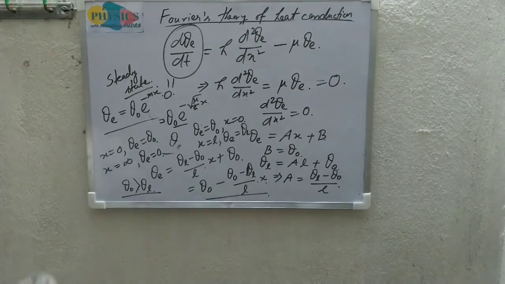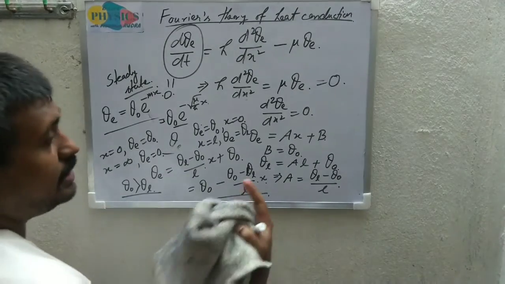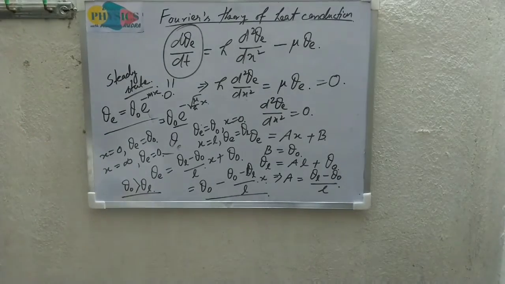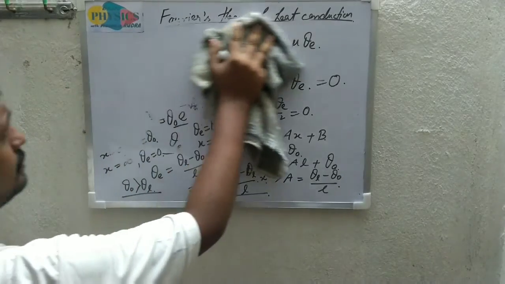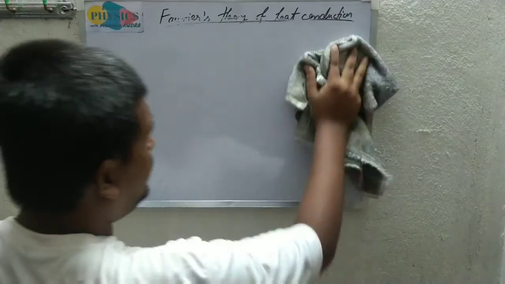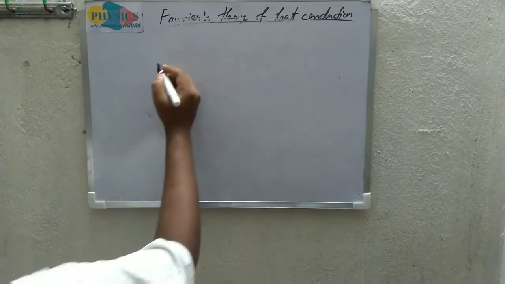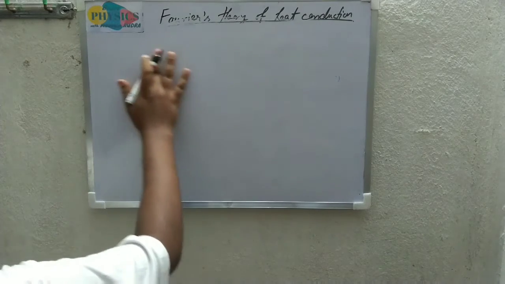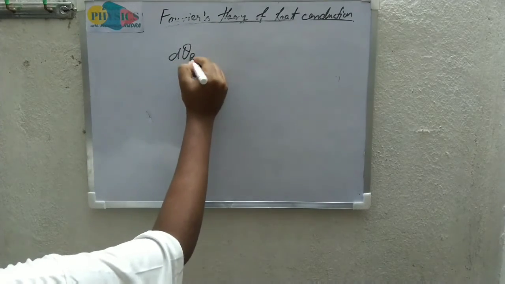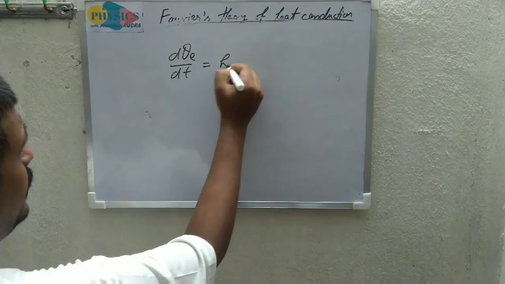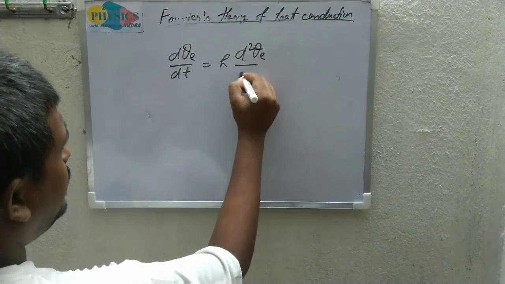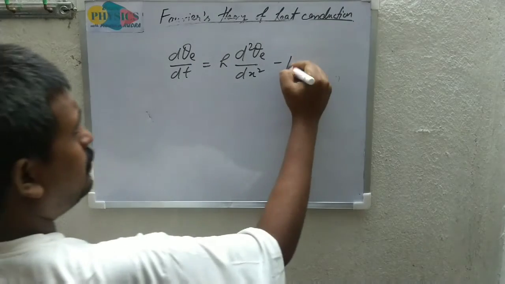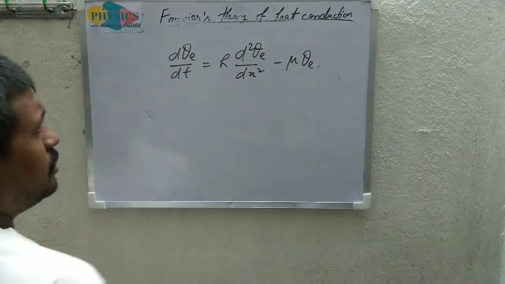This is the case for one-dimensional heat flow. Now if we consider three dimensions, our one-dimensional equation is d theta e by dt equal to h into d2 theta e by dx2 minus mu into theta e.